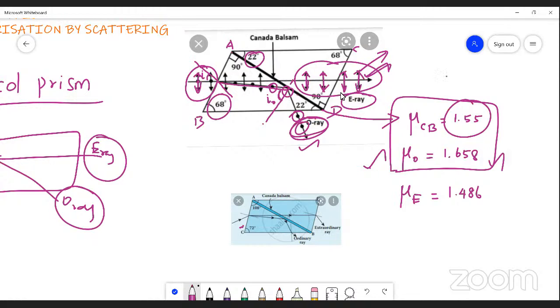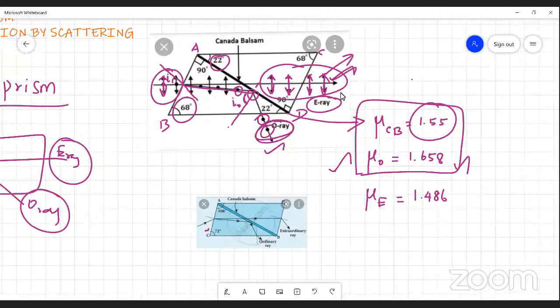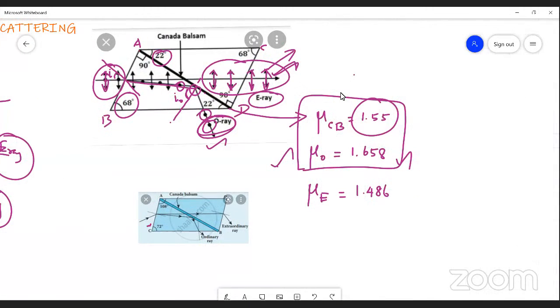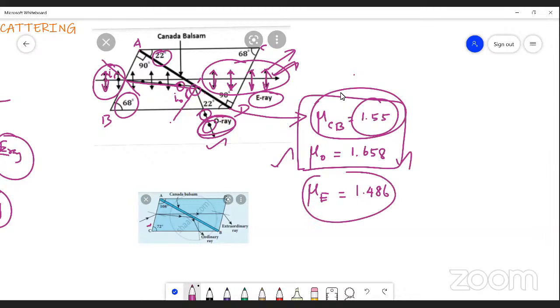Very good. Refractive index of Canada balsam is 1.55. So the Canada balsam acts as a rarer medium for the ordinary ray. Now compare Canada balsam and the extraordinary ray. Refractive index of Canada balsam is 1.55.